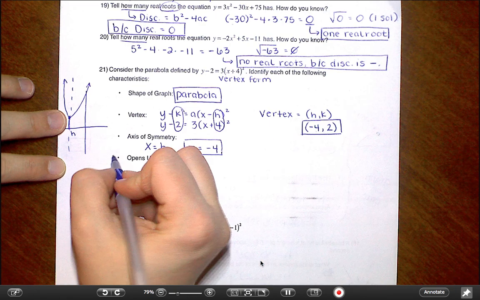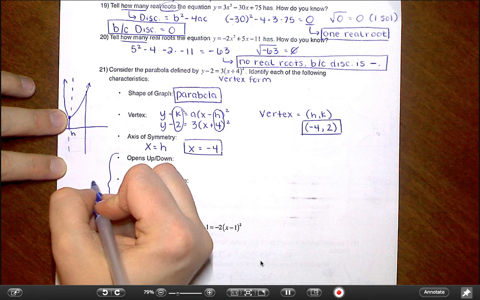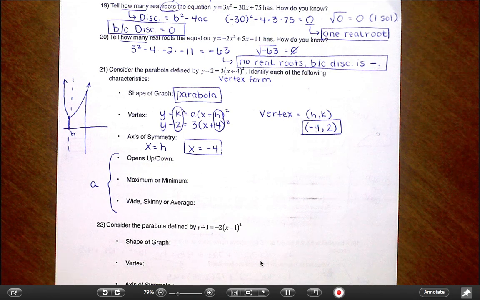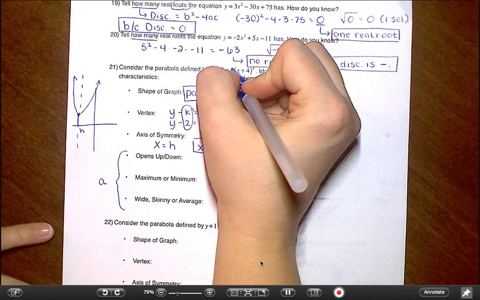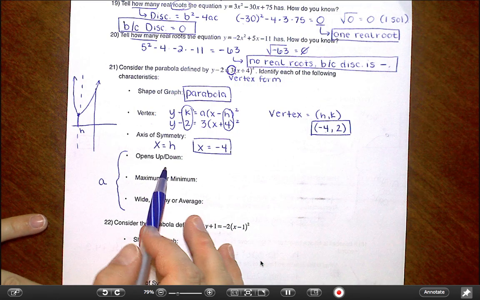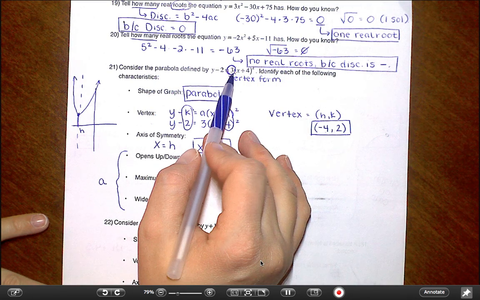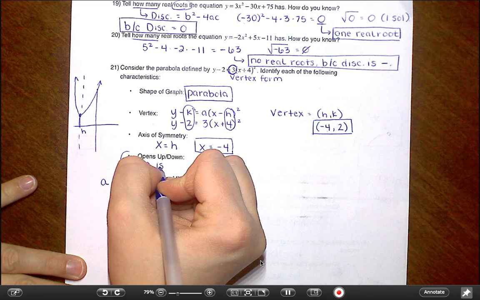Okay. All 3 of the next questions come from the a value. When I look at my vertex form, this 3 is what I'm using to answer those last 3 questions. So opens up or down. That 3 is positive. So I would say A is positive.